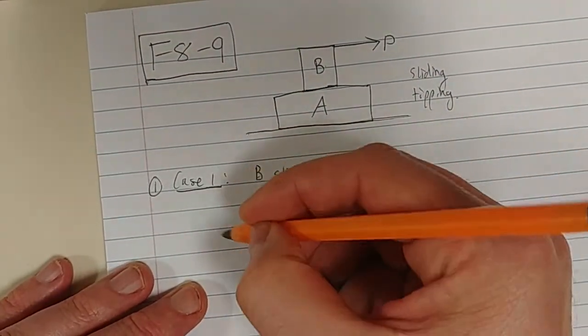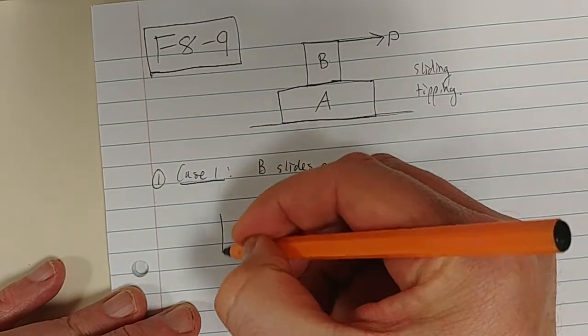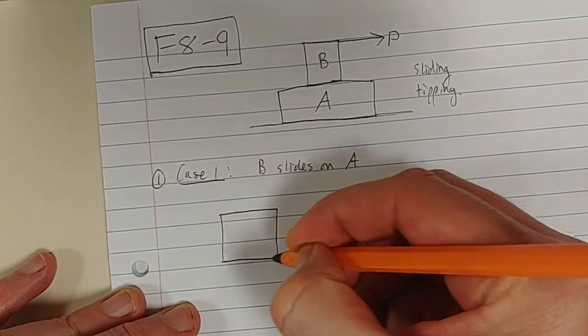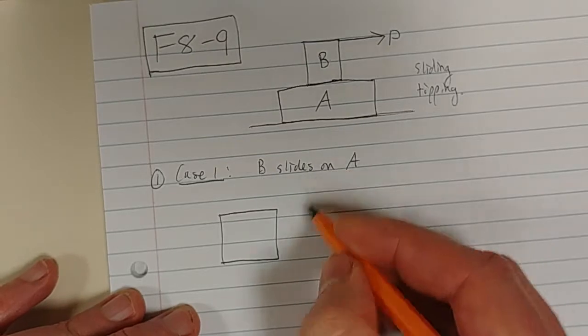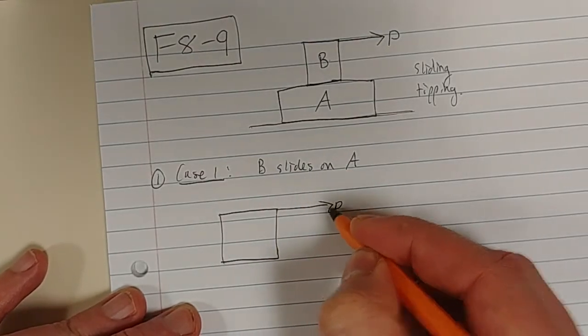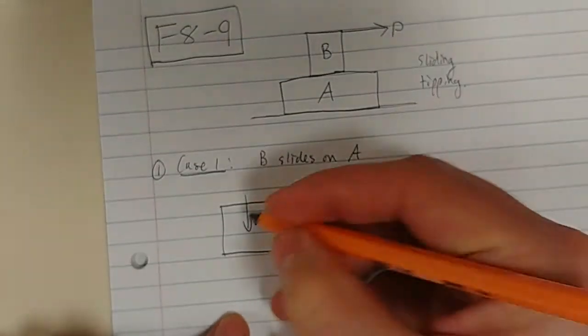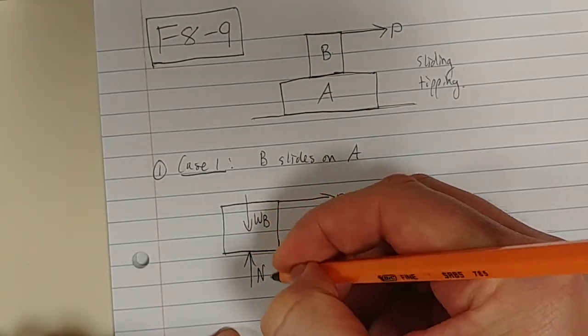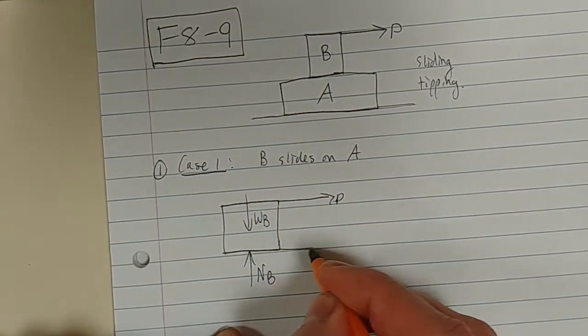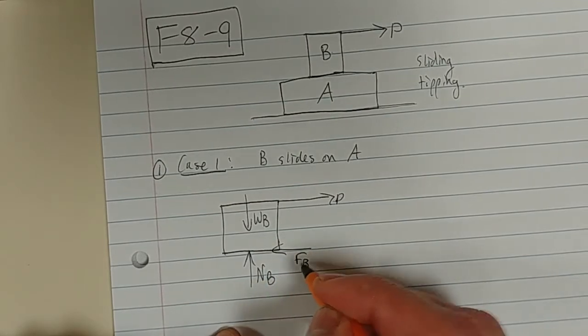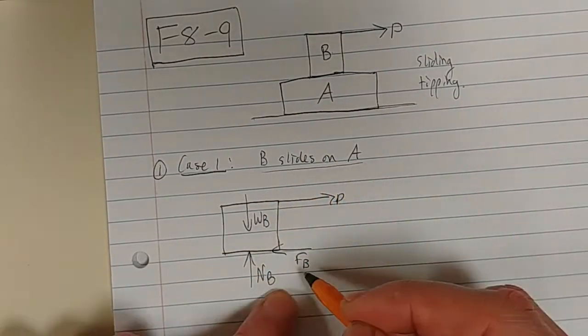So what's the first thing that we always do? We draw our free body diagram. We've got our force P, the weight of B, our normal force, and our friction force at B. B slides on A. What does that mean?